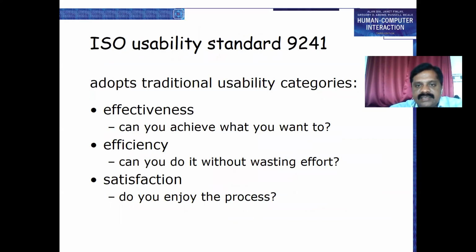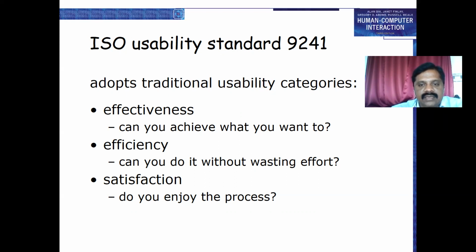ISO usability standard 9241 adopts traditional usability categories. Here we have three categories: effectiveness, efficiency, and satisfaction. In effectiveness: can you achieve what you want to? In efficiency: can you do it without wasting effort? In satisfaction: do you enjoy the process?